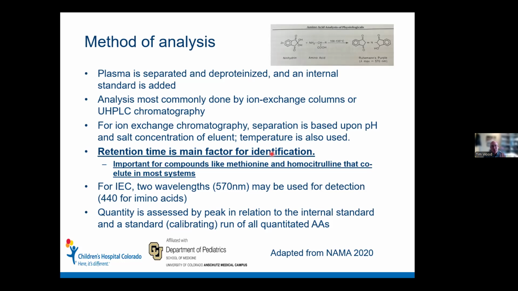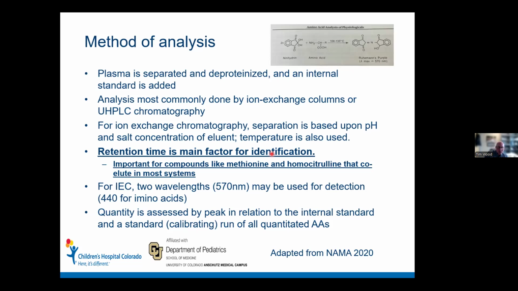So if you have two compounds that have the same retention time, that can be difficult for us to separate. One of the classic ones here is methionine and homocitrulline. The way we detect these is looking at two wavelengths, 570 and 440. I already told you how we quantify them using our internal standard and a calibrating solution that we've run previously.